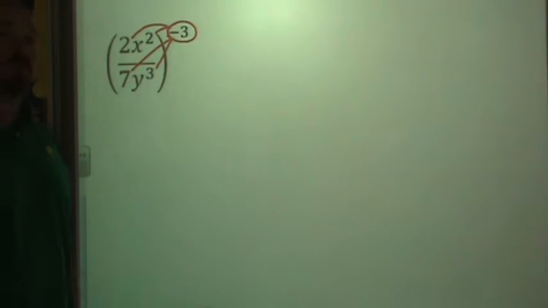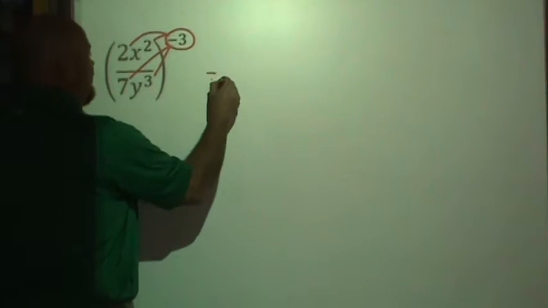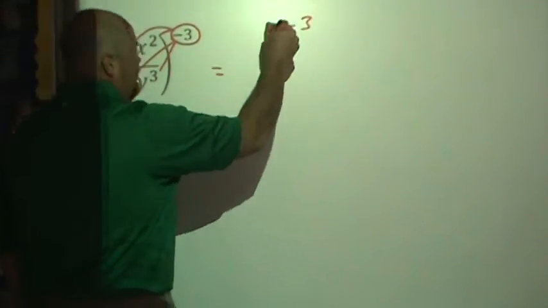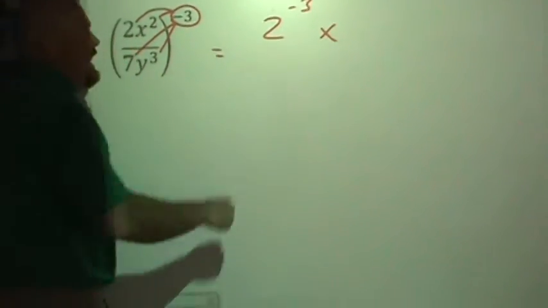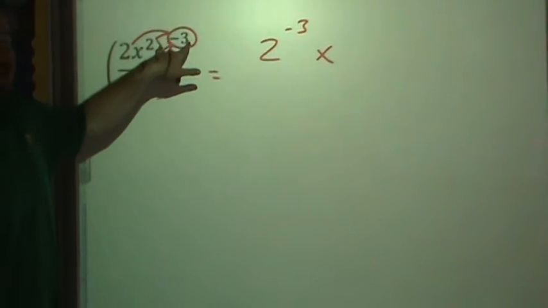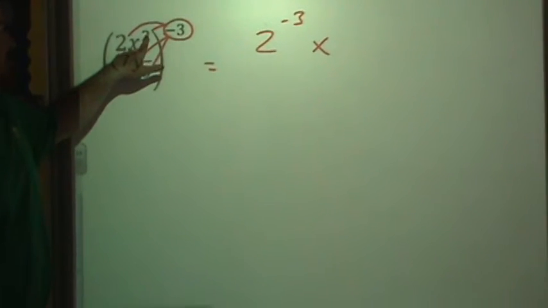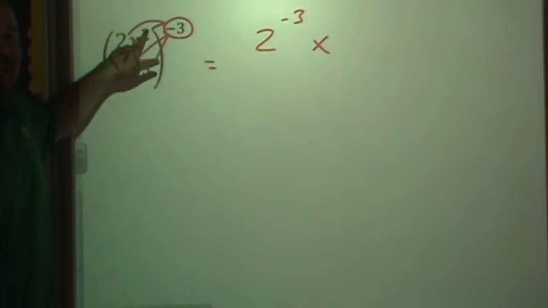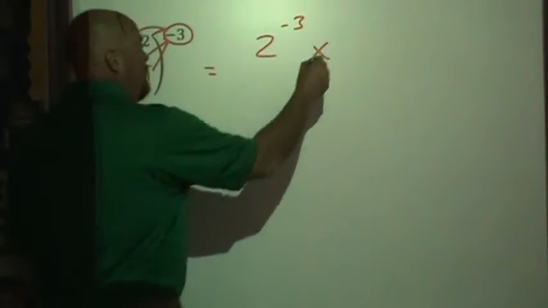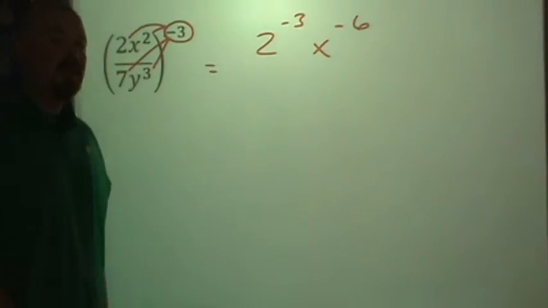So what I'm going to do is rewrite this entire quotient after I've distributed this negative 3. That's 2 to the negative third. This will be x to the negative sixth, right? Because powers of powers, or exponents of exponents, get multiplied together. So this is x to the negative sixth power.